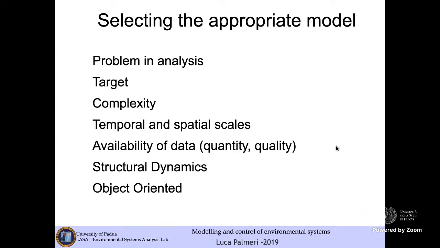Another important guideline in selecting the appropriate model is the selection of appropriate temporal and spatial scales. Again, let's stay with the example of eutrophication. Eutrophication is typically a local phenomenon, and it is linked to the seasonal sequence.